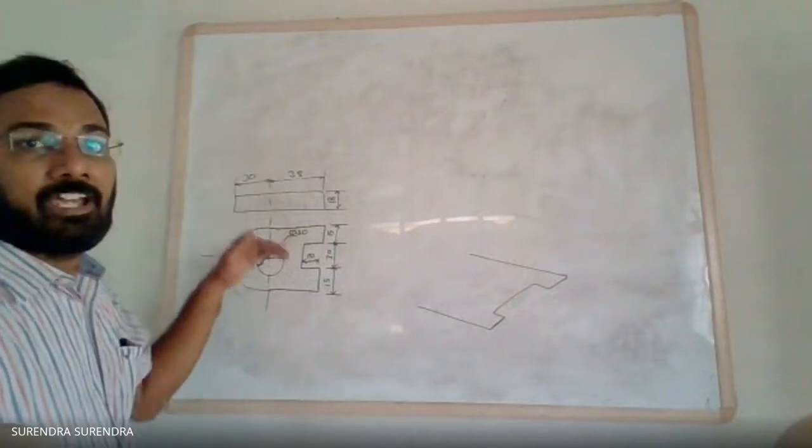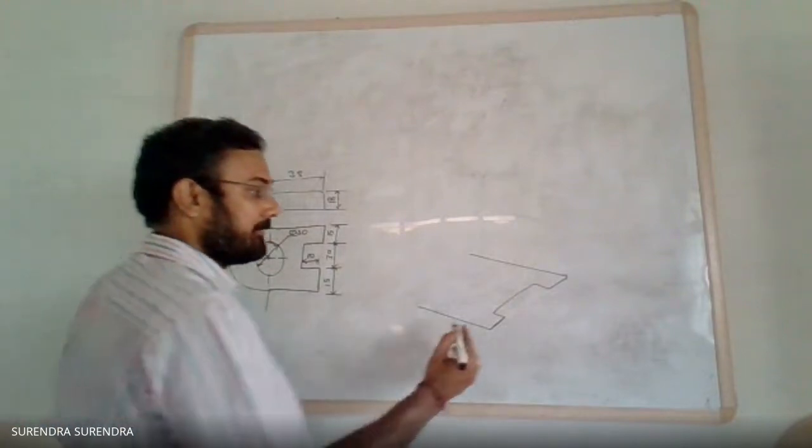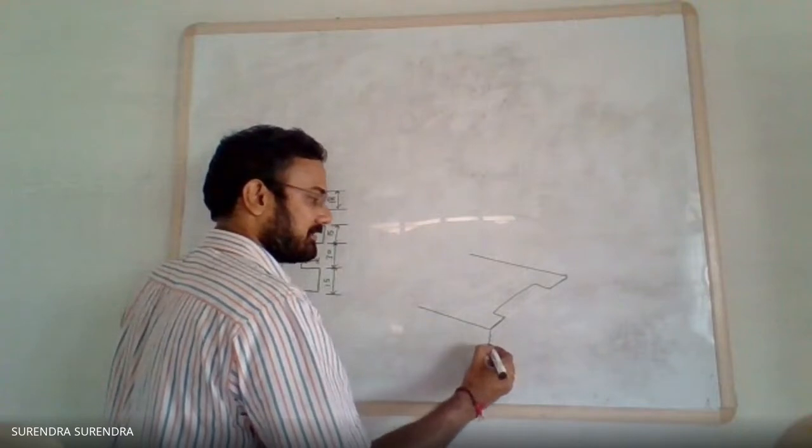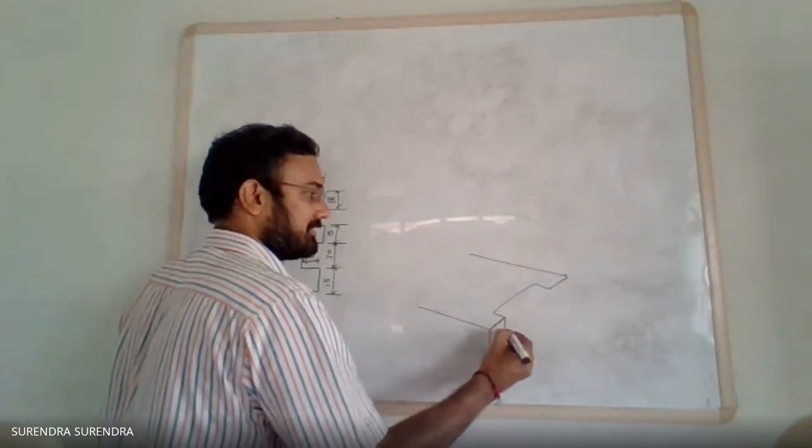Now, this is for a height of 18 mm. So draw a vertical line up to 18 mm height.